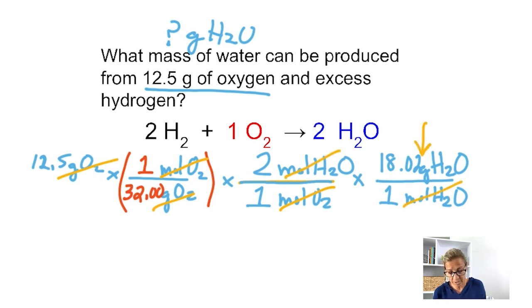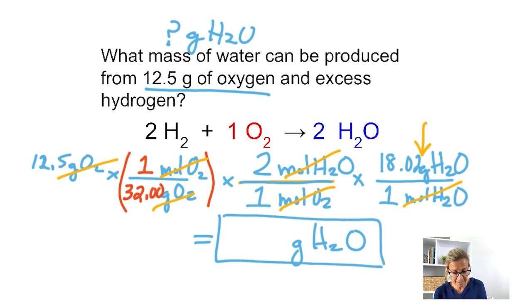Moles of water cancel, and look what I'm left with: grams of water. So my answer is, I work out the whole thing and then pick up the calculator at one time, and my answer is 14.1 grams. Now sig figs: I started with 3 sig figs and I want to end up with 3 sig figs.